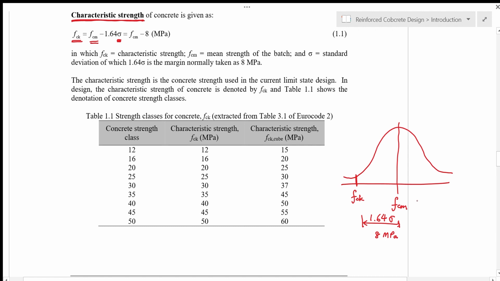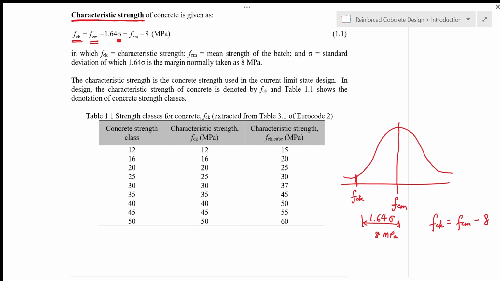So FCK is just FCM minus 8 megapascal. That is the characteristic strength of concrete.